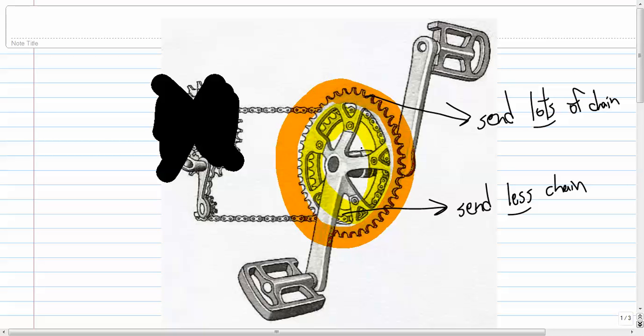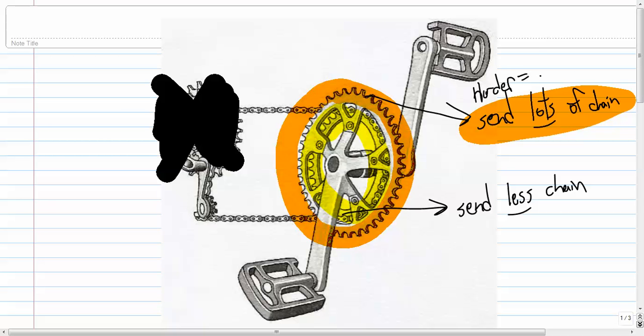So which one of these feels easier to pedal and which one feels harder? Maybe we should pause the video and see if you can guess. So if you send lots of chain to the back, that means that the pedaling is going to feel harder.